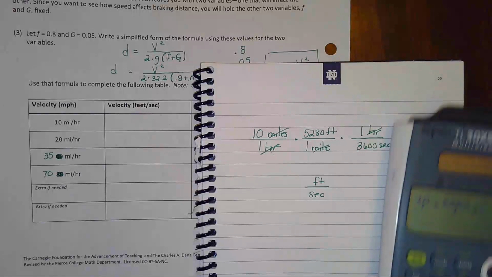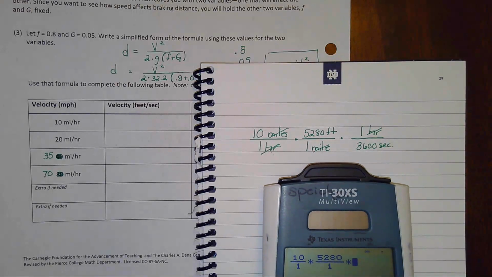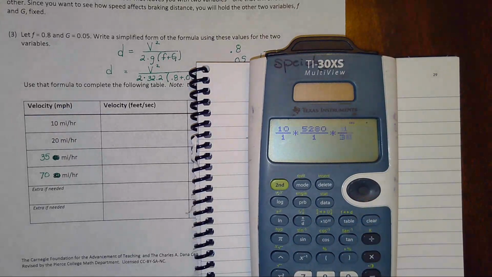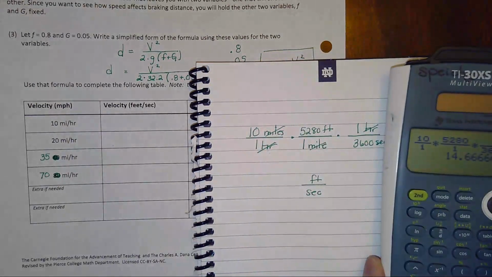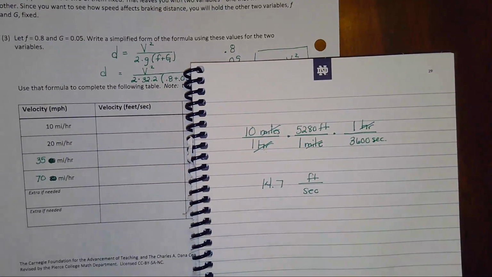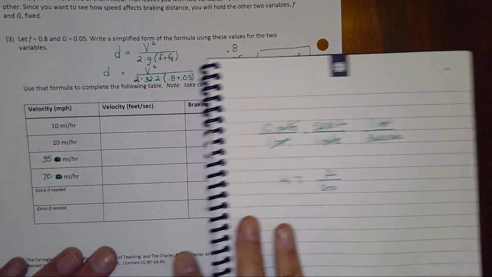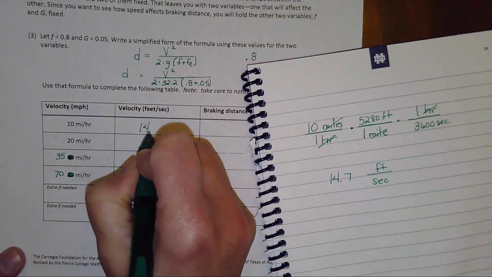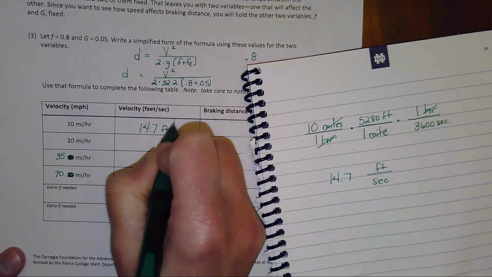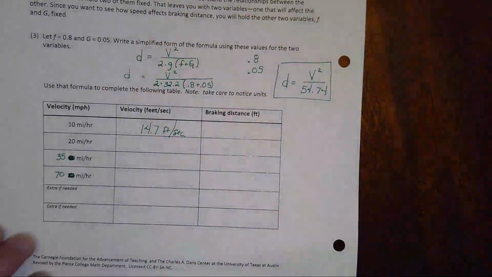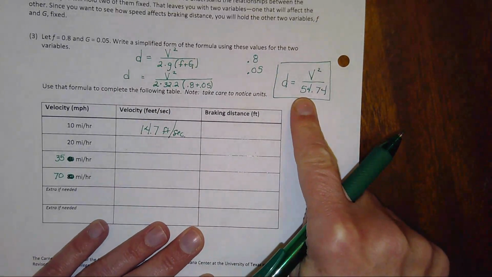Just typing that into my calculator. I'm not changing a thing. It looks like we're traveling 14.7 feet per second. So let's put that in our table. And now we can figure out what our braking distance will be.